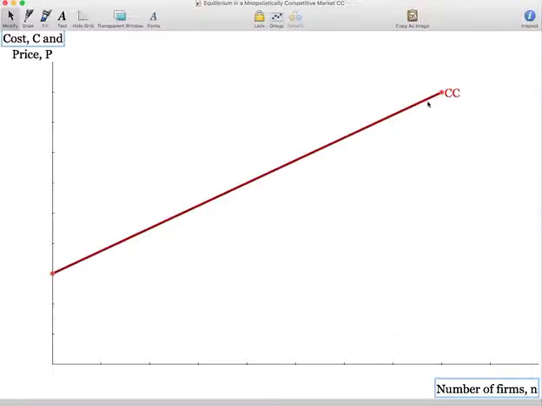So as we have a decrease in output, we are going to see an increase in average cost. Make sure you realize the rationale for that: as the number of firms increases, the firms in the marketplace are going to have a smaller and smaller market share, which means their output is shrinking. And since their output is shrinking, their average costs are increasing.